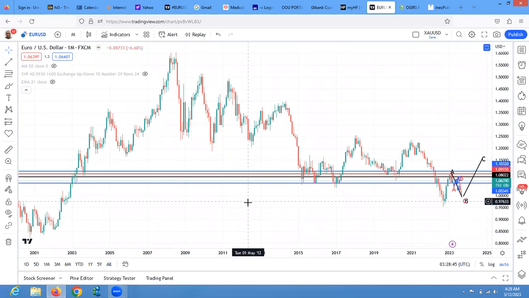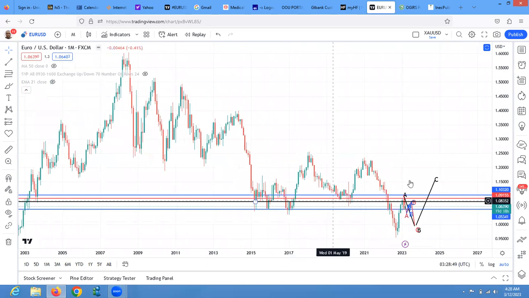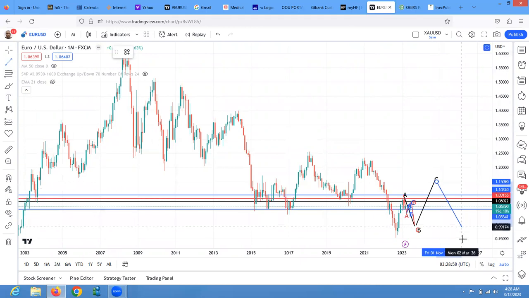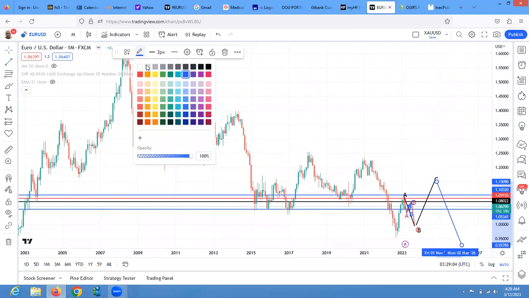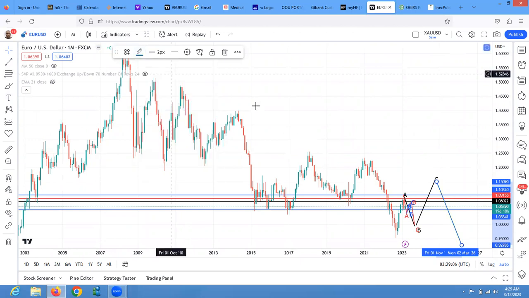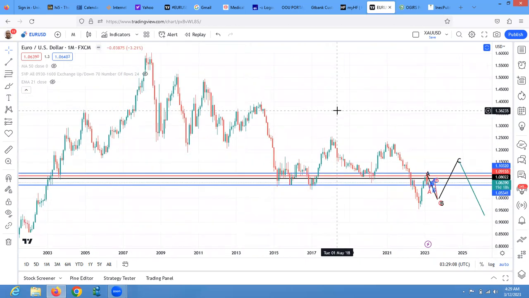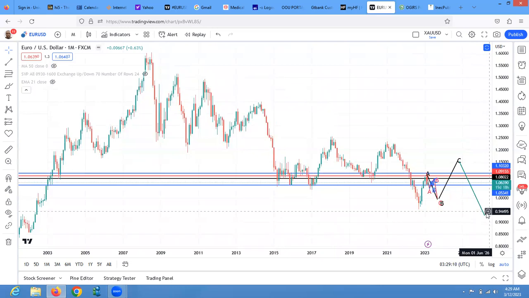And after we have done this, we expect that the price is going to continue to fall. That is what we expect. We expect that price will continue to fall. This is going to take time. It's going to take time before price resumes to fall.